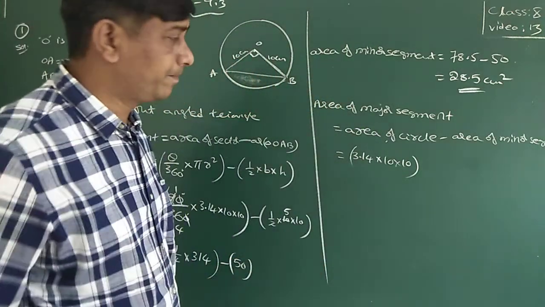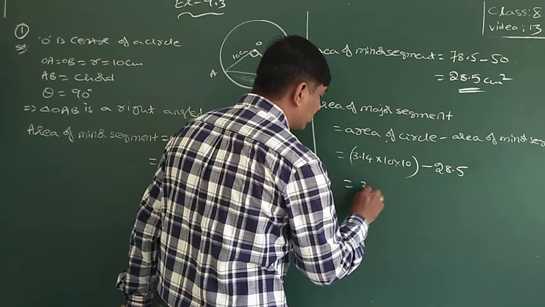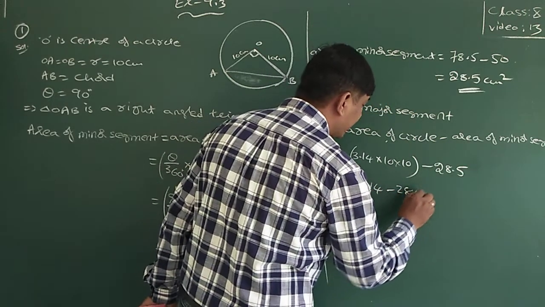Minus 28.5. That is equal to 314 minus 28.5.